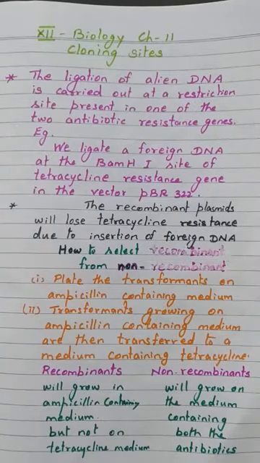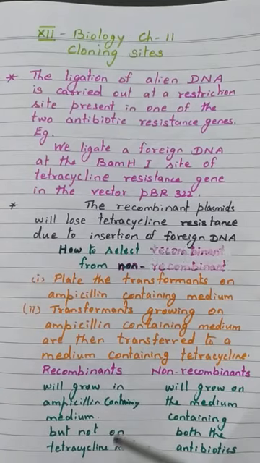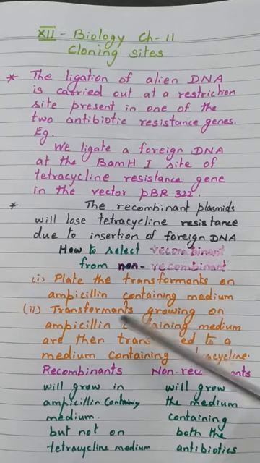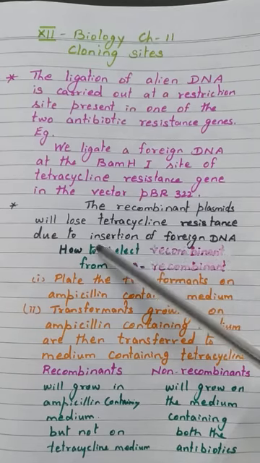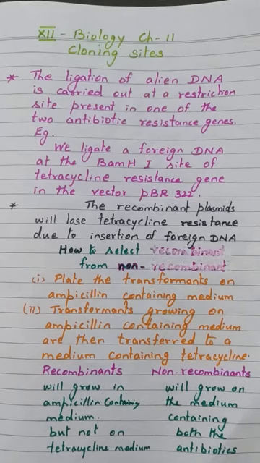Now this plasmid is a recombinant plasmid because it has the foreign DNA in it. Now it will lose the tetracycline resistance due to the insertion of foreign DNA. And this tetracycline resistant gene and ampicillin resistant gene, these two are selectable markers. Their function is to select the recombinants from non-recombinants.